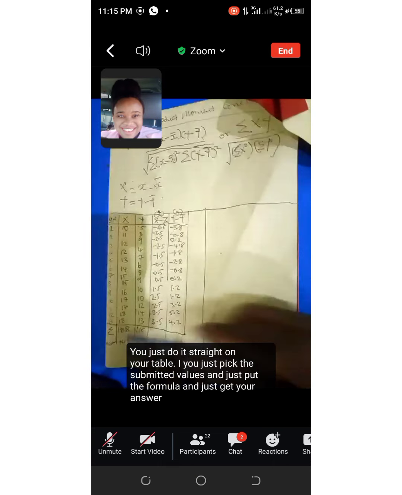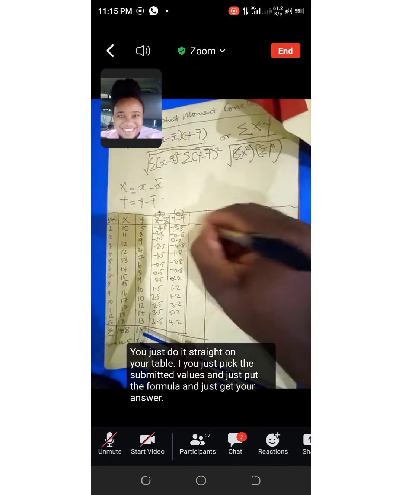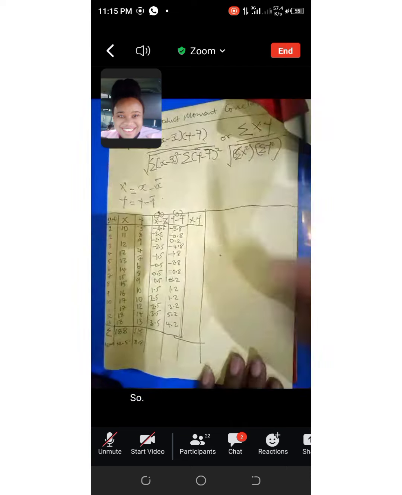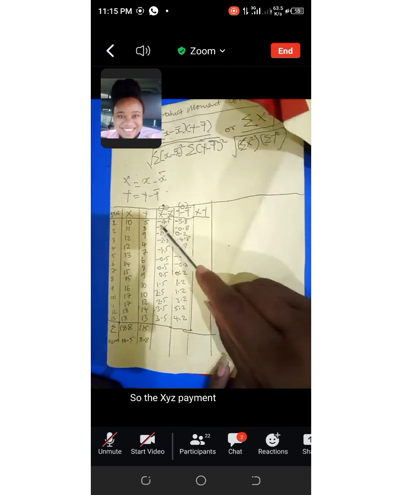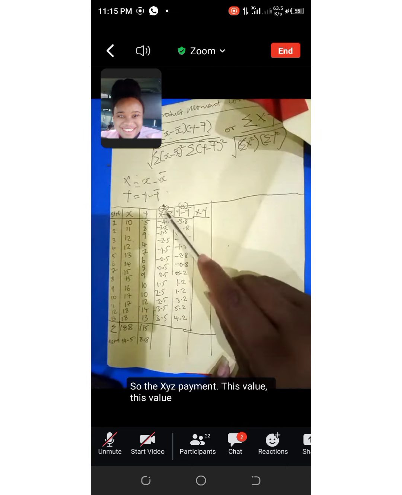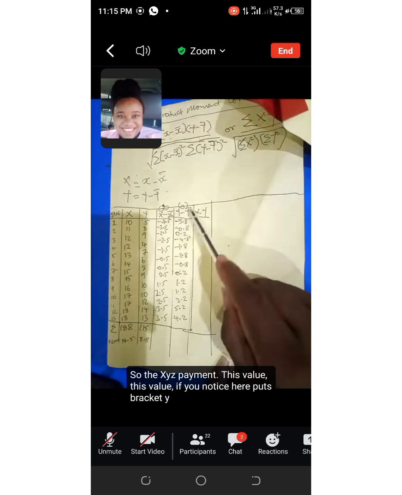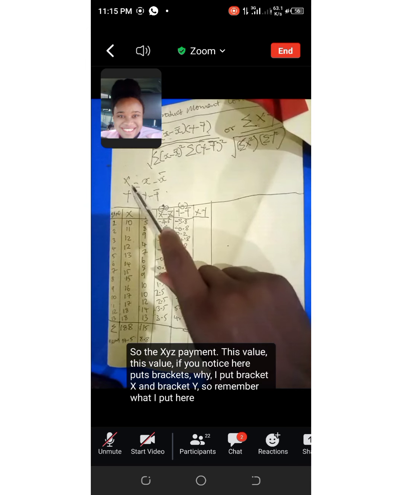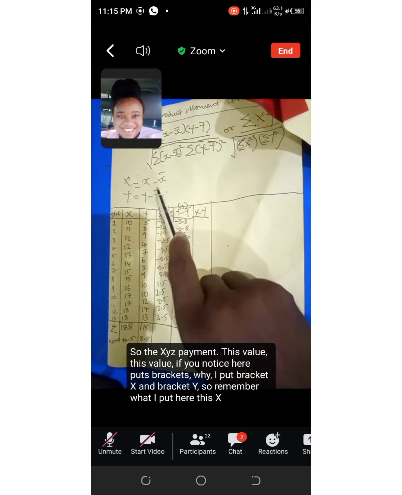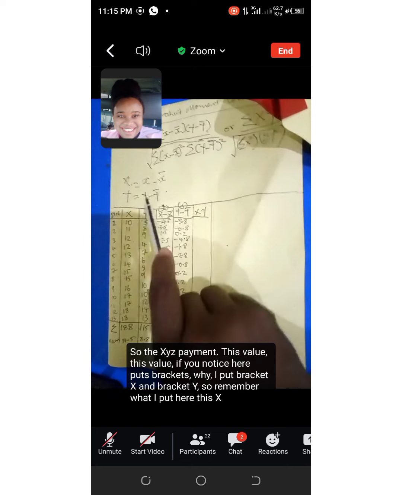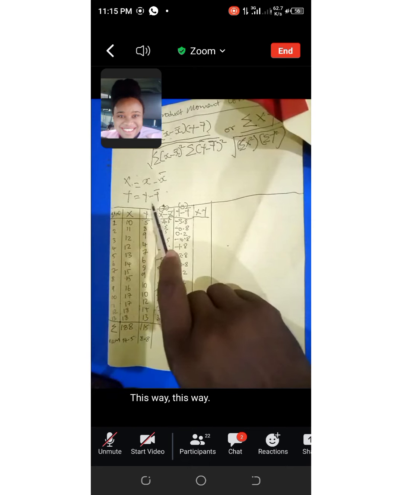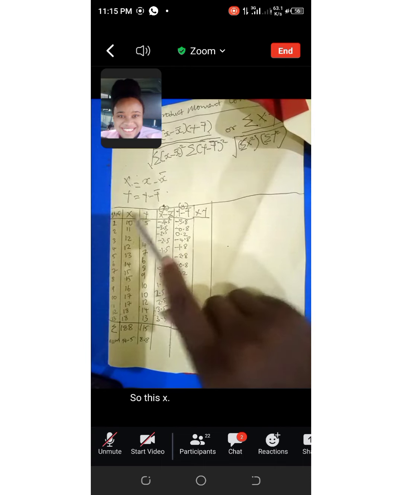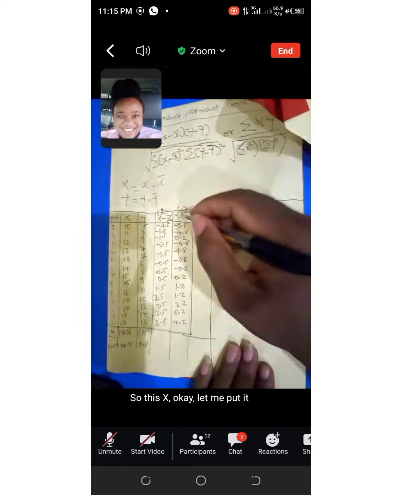So the next one we have is xy. The xy simply means this value times this value. If you notice here, I put bracket x and bracket y. So remember what I put here. This x can be x minus x bar, and this y is also y minus y bar. Let me put it in a way that will be more differentiated.